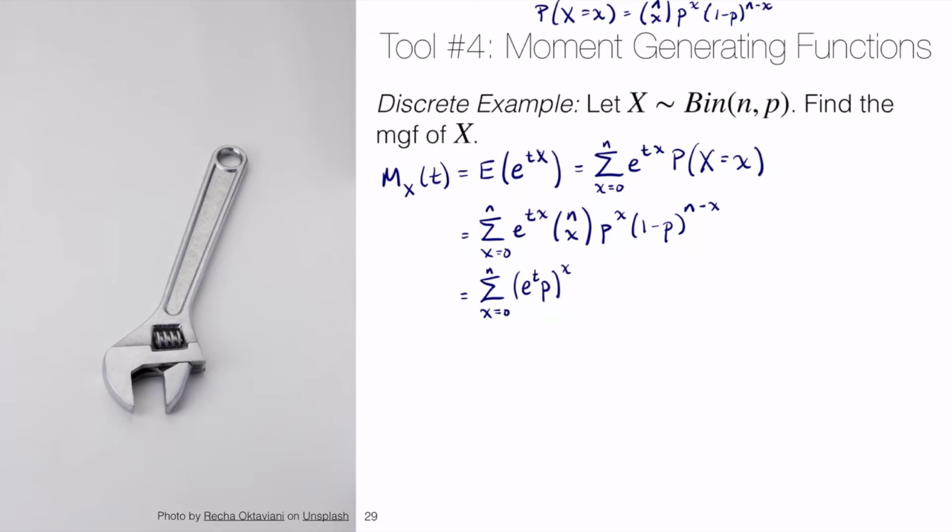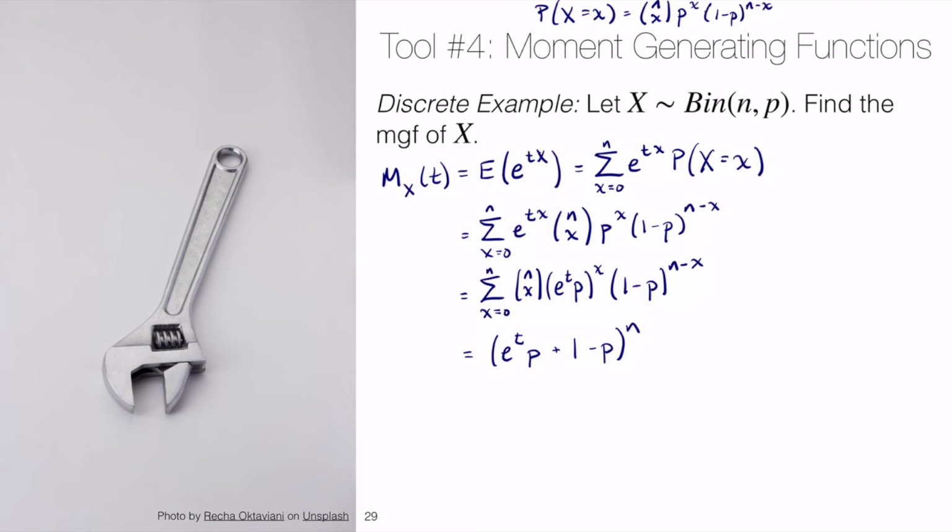I'm going to move that over and put the n choose x here, and we'll see why in just a minute. Then we've got that last term, which is 1 minus p to the n minus x. My claim is that this will be equal to e to the t times p plus 1 minus p all raised to the n.